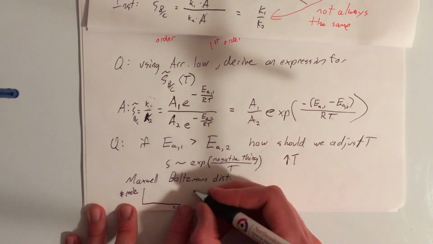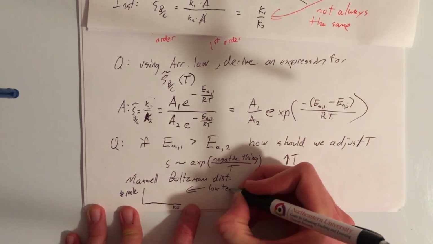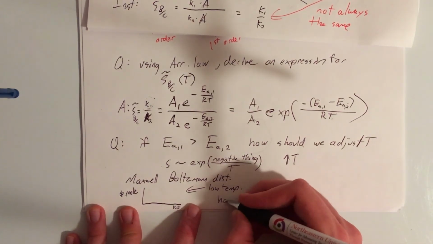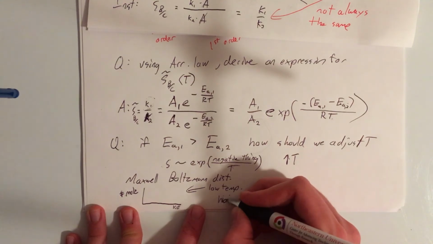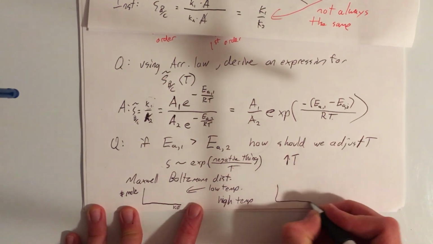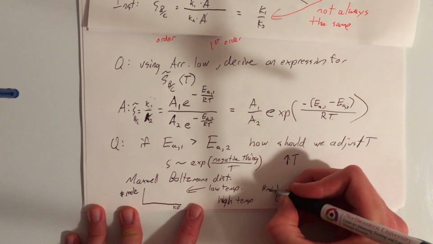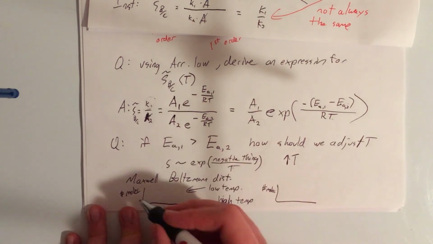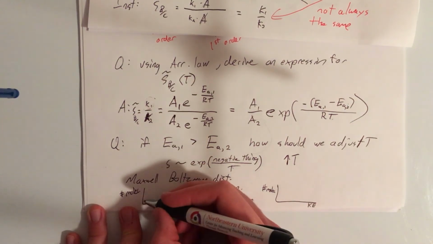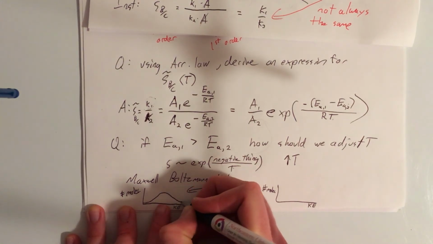So let's sketch two of these: one at a low temp, and another at a high temp over here. This is number of molecules as a function of kinetic energy, so we'll have some distribution that looks like this.